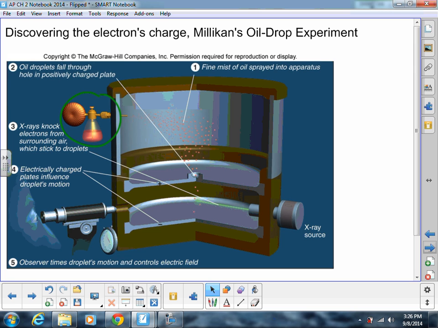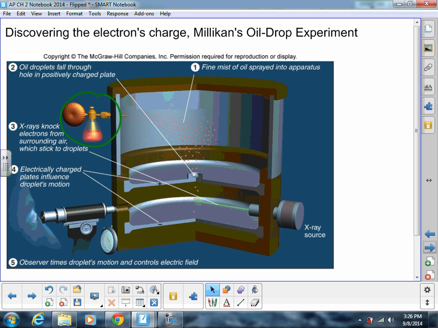So in step one, a fine mist of oil is sprayed into the apparatus. Two, oil droplets fall through a hole in a positively charged plate. So you have all these little tiny droplets of oil, and it goes through this opening. Three, X-rays knock electrons from surrounding air, which stick to the droplets. Four, electrically charged plates influence the drop's motion.